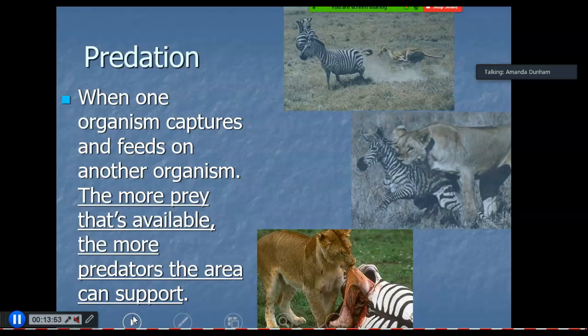The more prey that's available, the more predators the area can support. You should know what a predator is. And we're actually going to explore that.